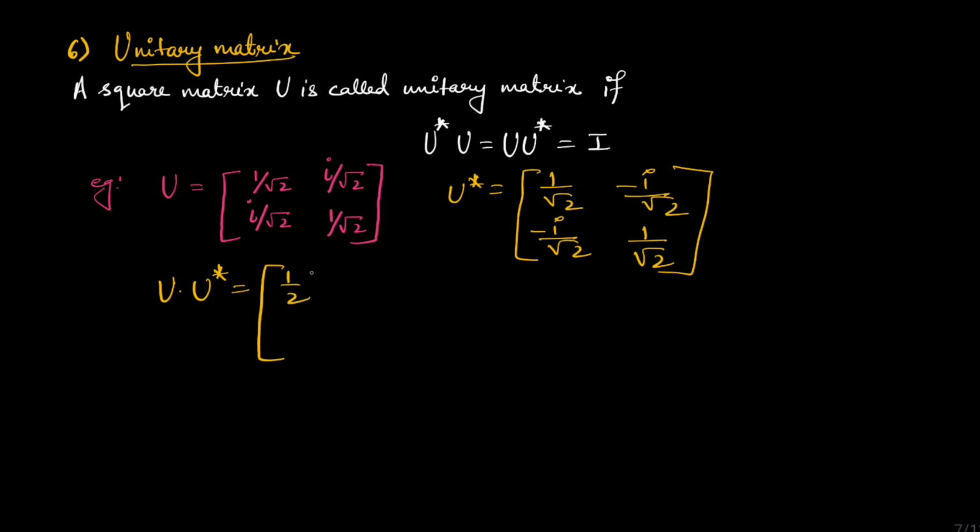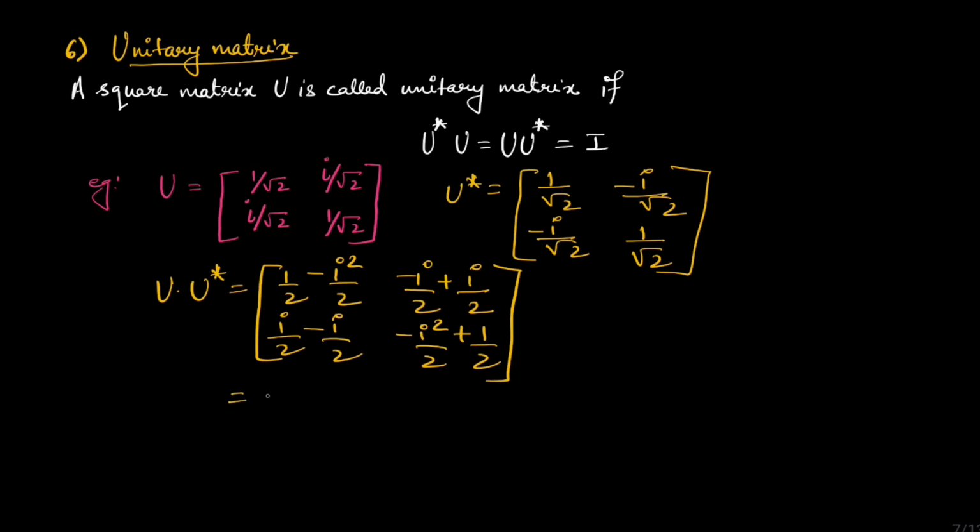This will be minus i square by 2, and then we have minus i by 2 plus i by 2. This will be i by 2 minus i by 2. This will be minus i square by 2 plus 1 by 2.